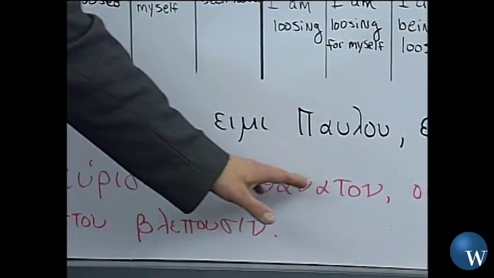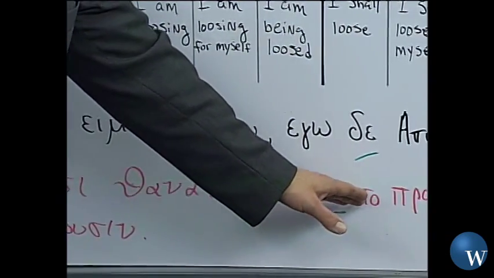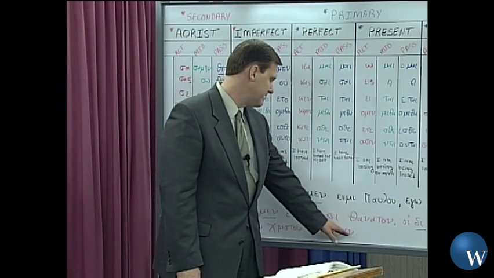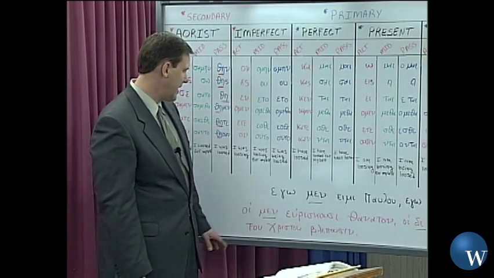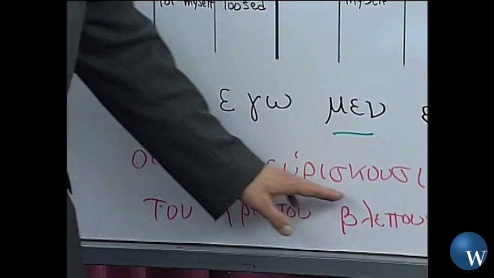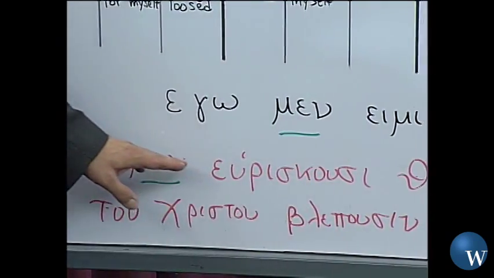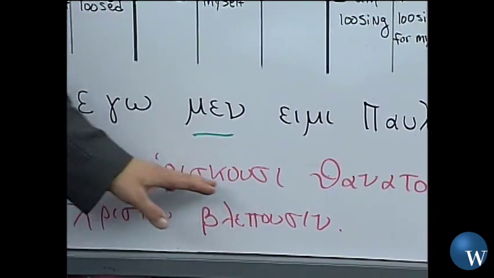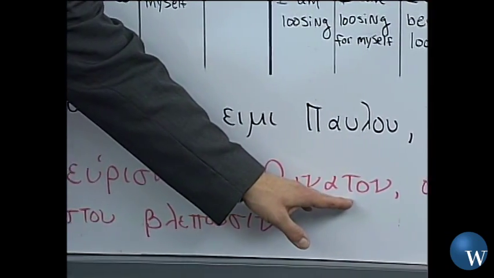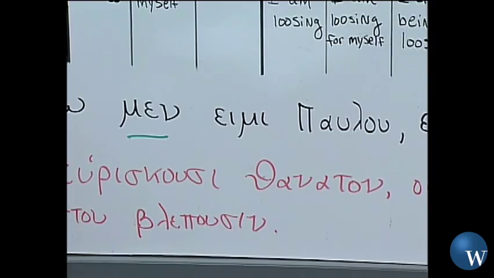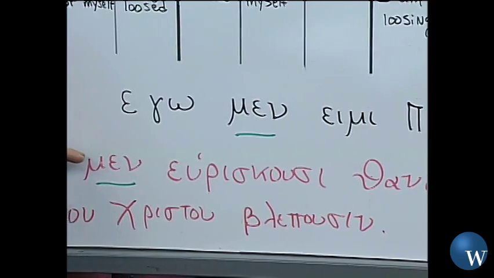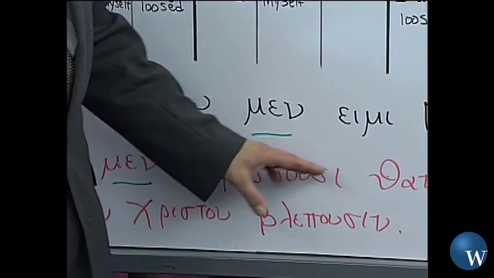heuriskusi thanaton, hoi de ta prosopon tu Christu blepusin. If we translated that, here is our plural article, right? Heuriskusi, they find, so here is the subject of our sentence, they find death, direct object, accusative case. Some, so here's our plural, that's where we can get the plural idea. Some find death.